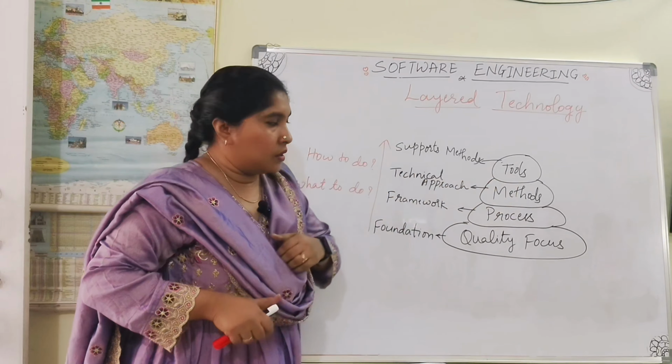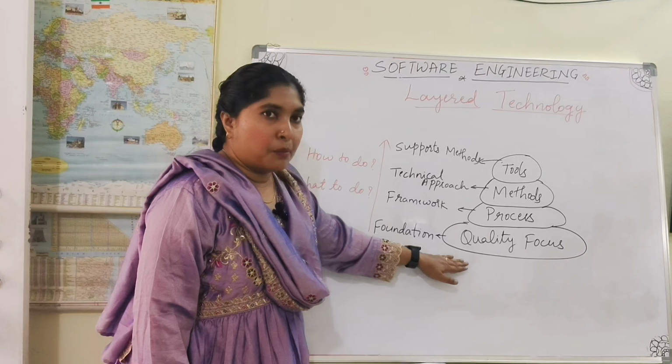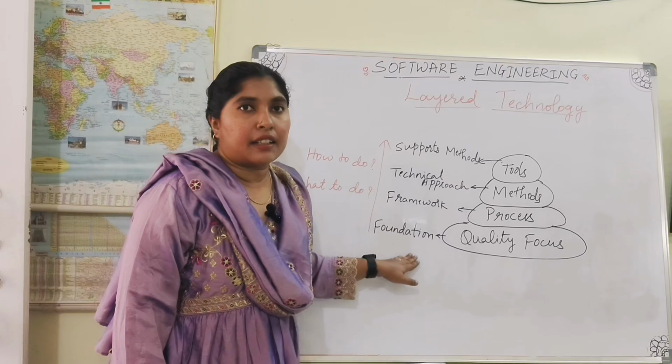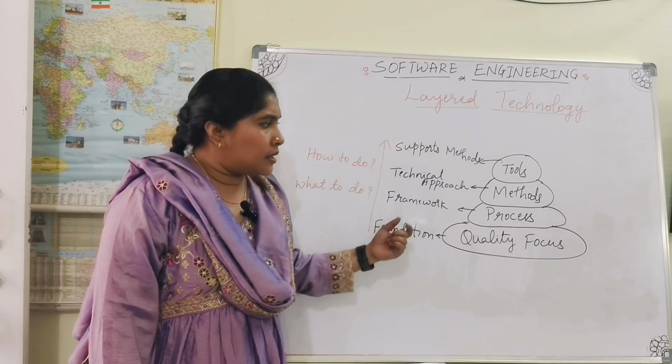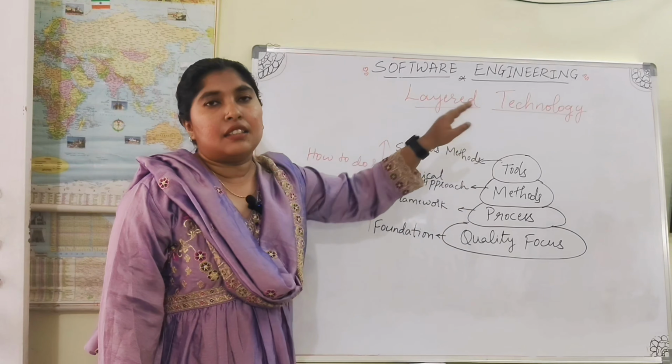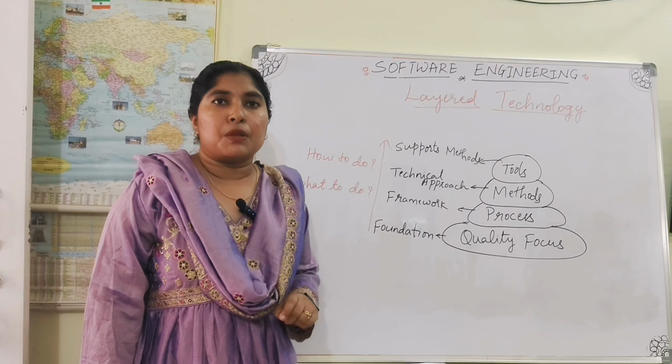Here the quality focus layer I have written at the bottommost, and it acts as a foundation for developing high quality software. It supports the quality. The customer or the stakeholder has to decide what qualities the software should hold, and those qualities will be carried forward till the end of the development process.